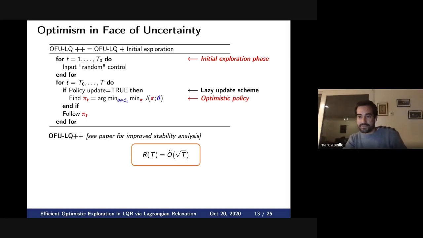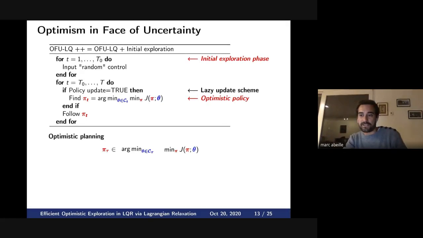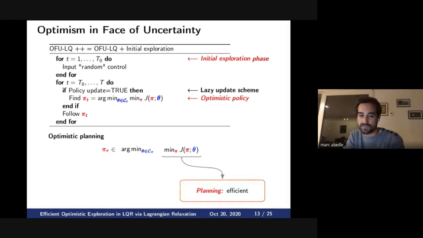However, we have this tractability limitation because we need to compute an optimal policy, so policies that are optimal in the most favorable plausible environments. This translates into a two-step minimization procedure where we have to solve a planning problem. That's the inner minimization, which can be done efficiently through the Riccati equation.